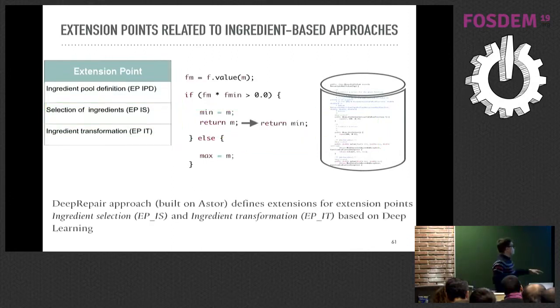Here we have implemented strategies for these extension points that are materialized in the deep repair approach. Basically, we implemented one strategy to select ingredients according to similarity, and another strategy to adapt an ingredient that has variables out of scope according to the semantic meaning of the identifiers.